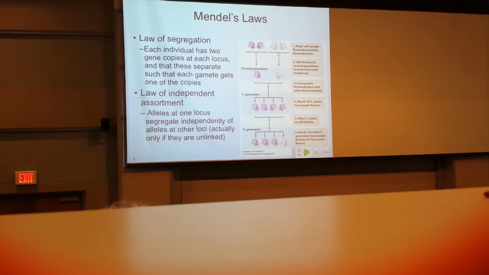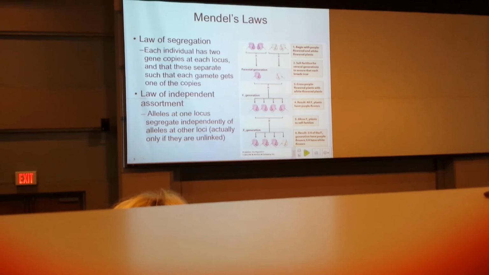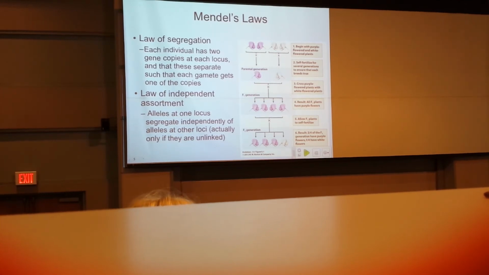What this revealed is that organisms have, in fact, two copies of every gene. We now know that because we have two copies of each of our chromosomes, and those chromosomes assort independently and take your genes with them.